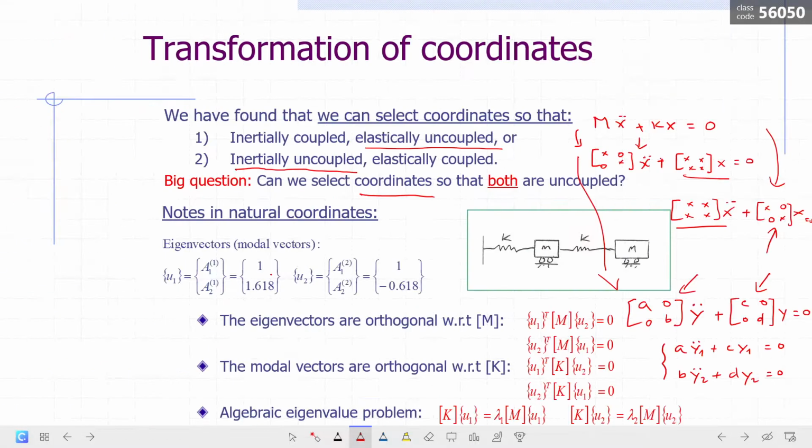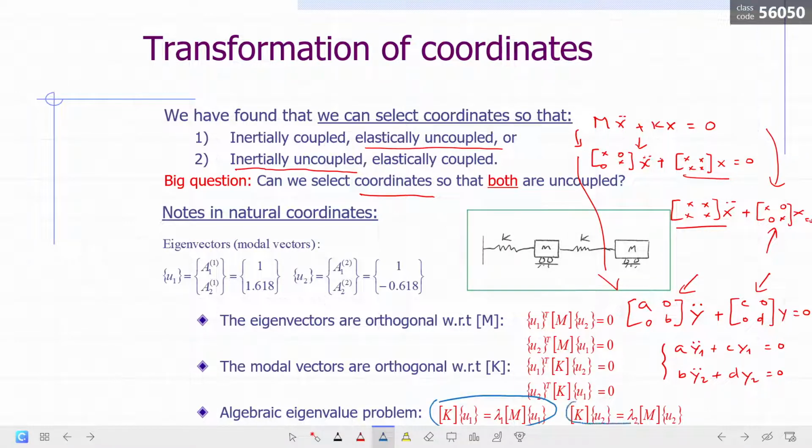That's why in this lecture you are given this term as the way you find eigenvalue.